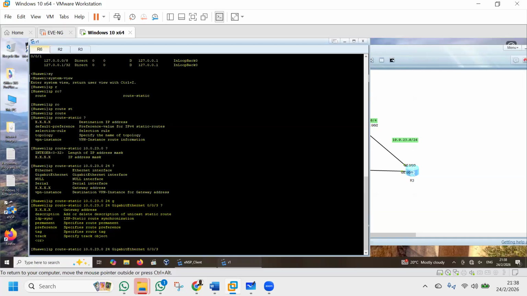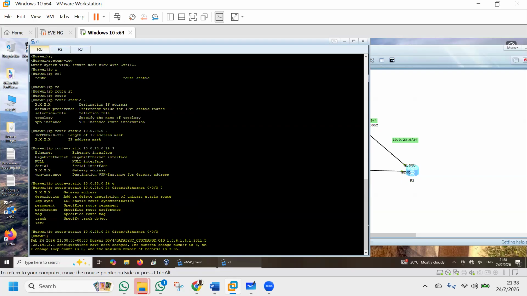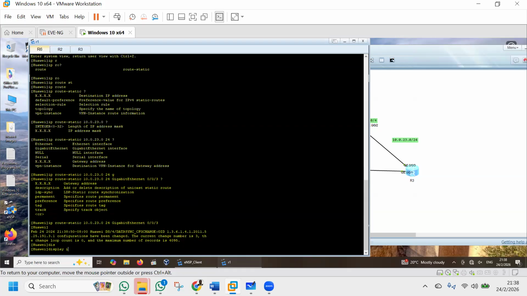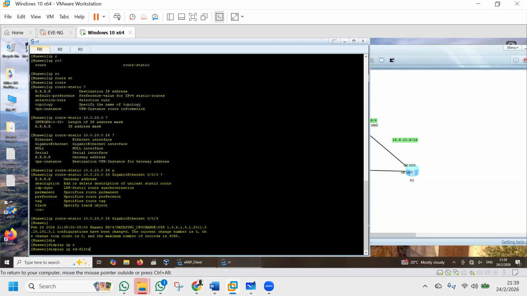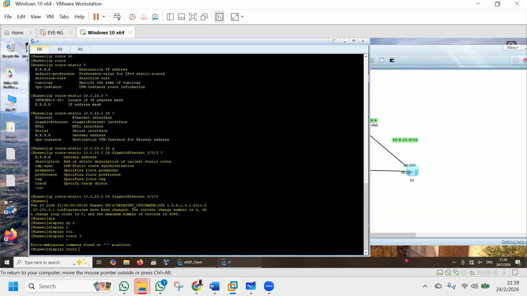All right, let's put no preference, nothing else. Now if I say display IP route, display route, what else?